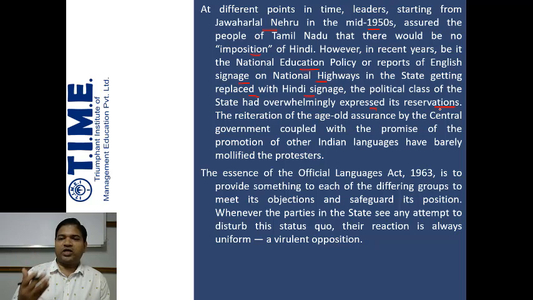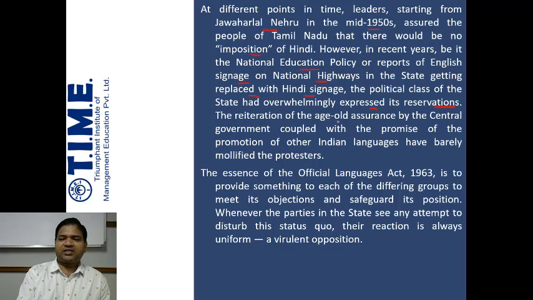If you cannot read Hindi, it will be very difficult for you to transact your day-to-day business, so to say. So if the national highways signage is not in English, it's in Hindi, it will be very difficult for a person who does not know Hindi to even travel. So that has led to these agitations.